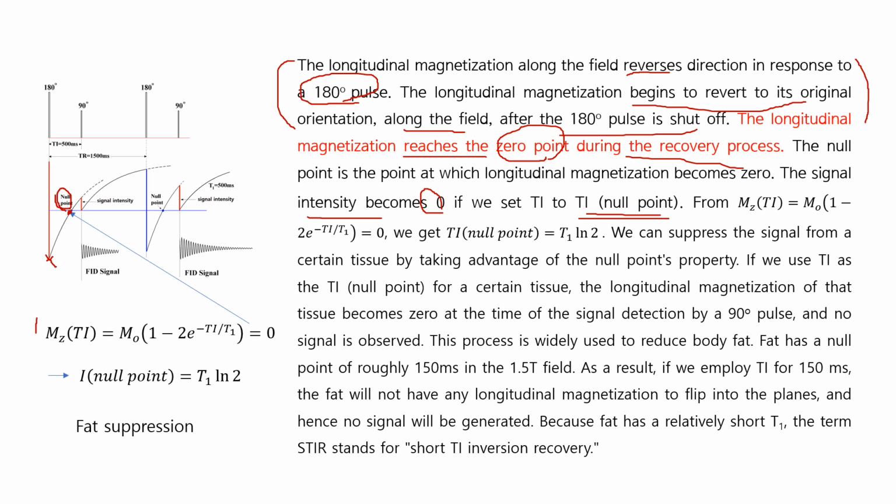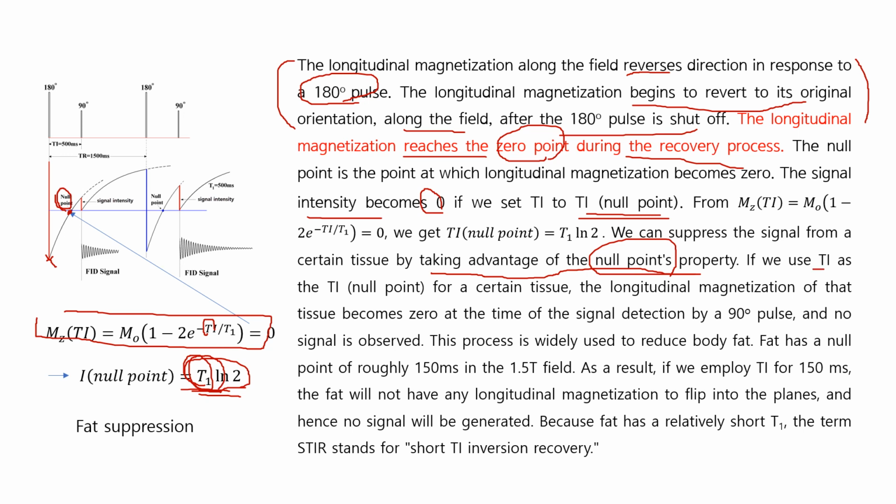So from this equation, we can find the null point, Ti. T1 log 2 is the null point for a certain tissue. That tissue has T1 relaxation time T1. So we can suppress the signal from a certain tissue by taking advantage of the null point property. So at the null point, there is no signal.